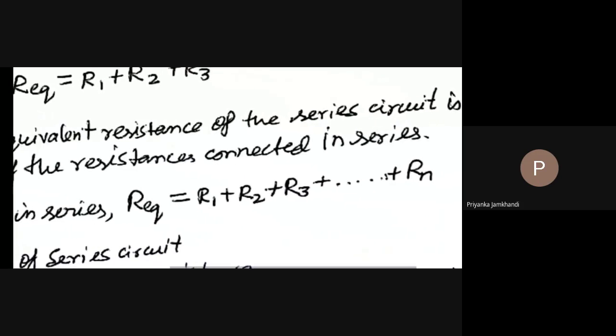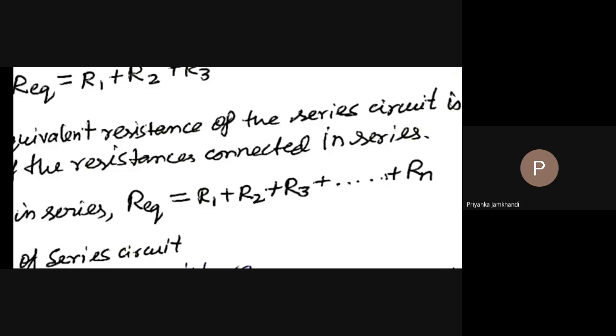And the last one is that the equivalent resistance is the largest of all the individual resistances. Just see, this Req is greater than R1, than R2, than R3, because it is the sum of all. So Req is the largest of all R1, R2, R3, R4, because it is the sum.